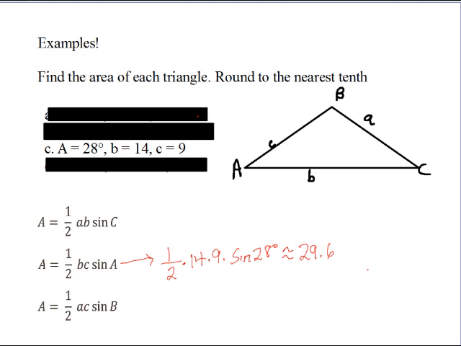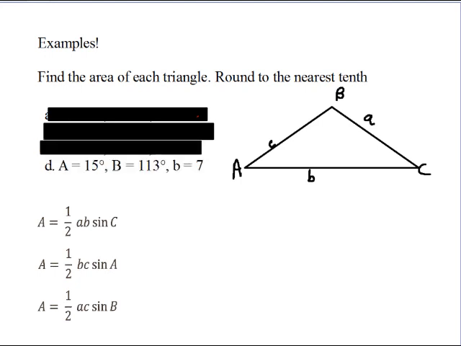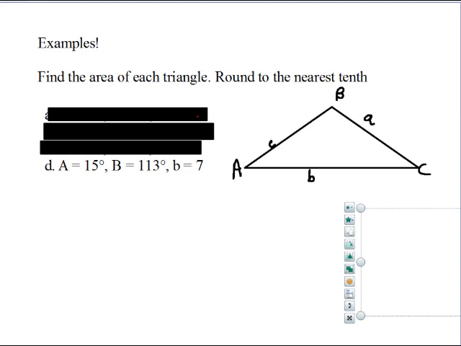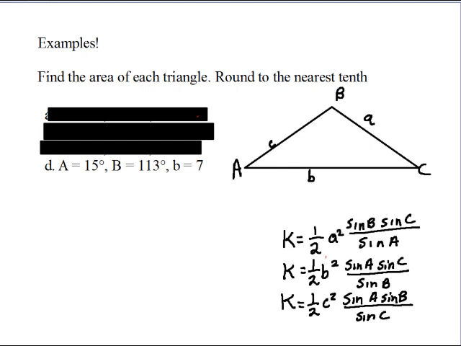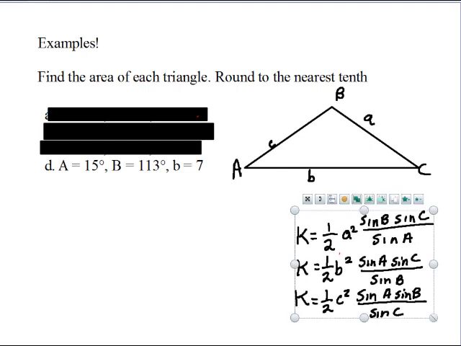The final example that I need in your notes, let's go ahead and clear this out. is D. So we have two angles. We only have one angle here, so we can't use these. I'm going to have to actually use these formulas again.